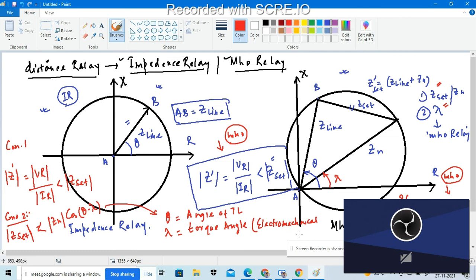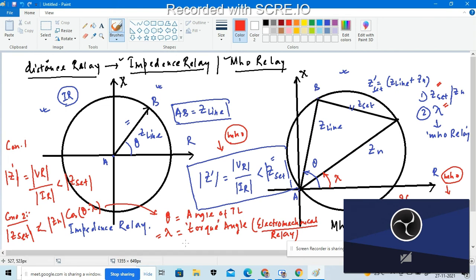Due to the electromechanical behavior of the relay, we have an angle lambda, which is why it is considered a torque angle.